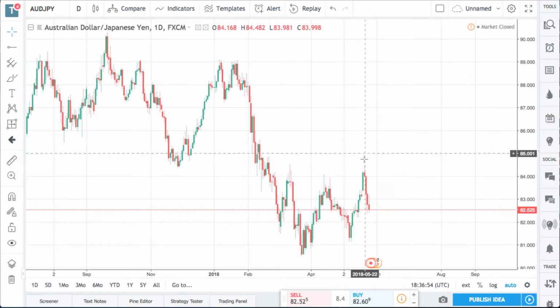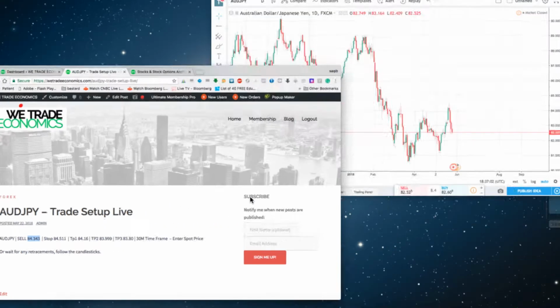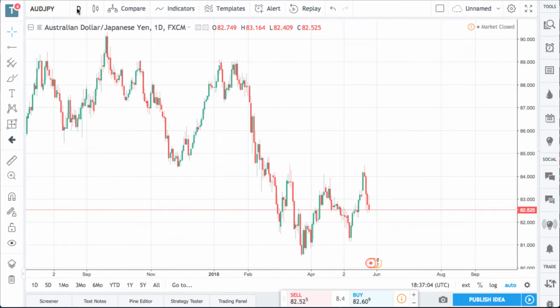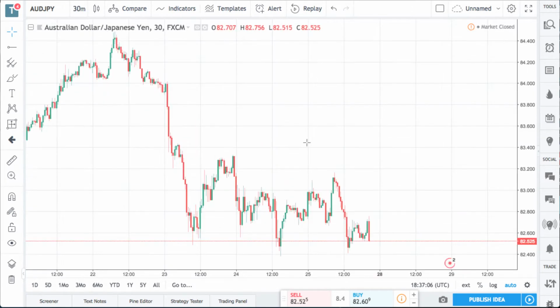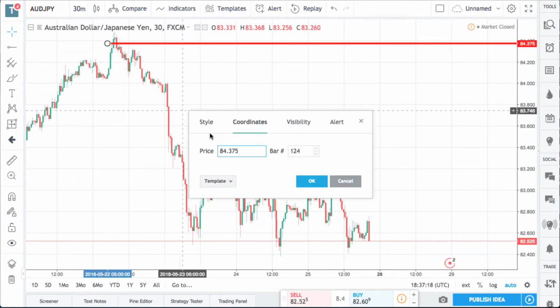The 22nd is that candle right there, and I said sell at, let me actually go down time frames, it says 30 minutes. So May 22nd was right about here, and I always give the signals early in the morning.